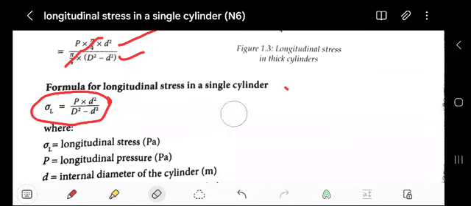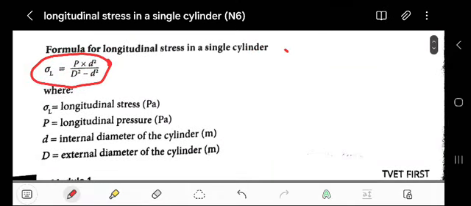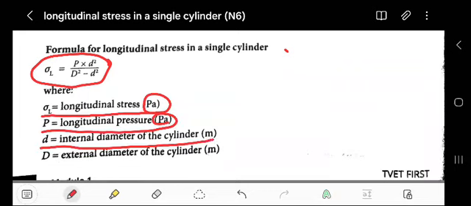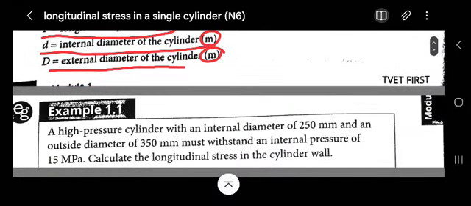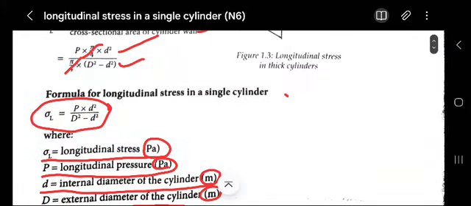The longitudinal stress is measured in Pascal, P is the pressure, and the internal and external diameters of the cylinder are in meters. Let's check if we can use this formula.